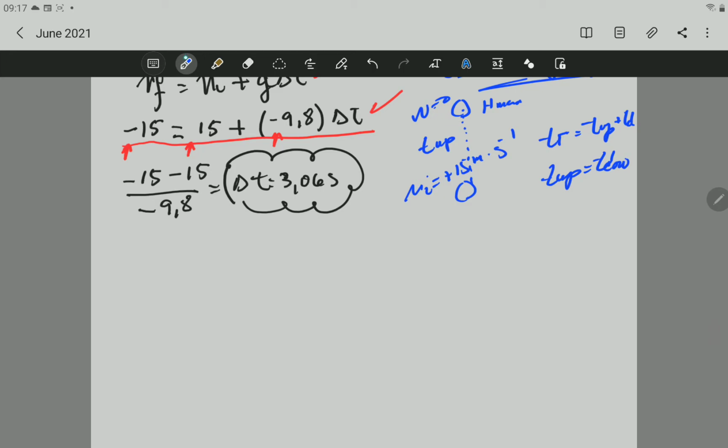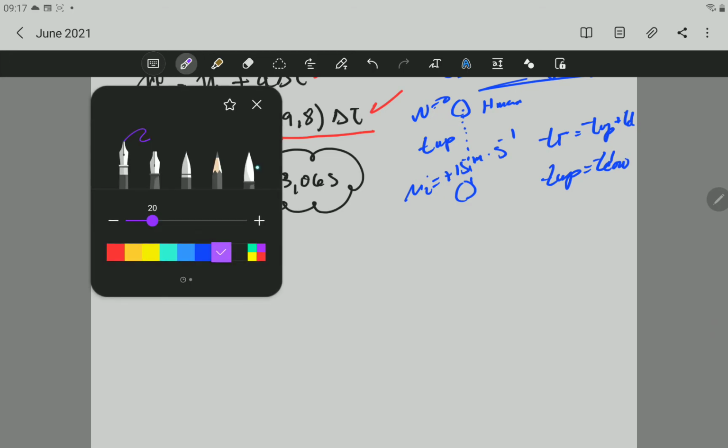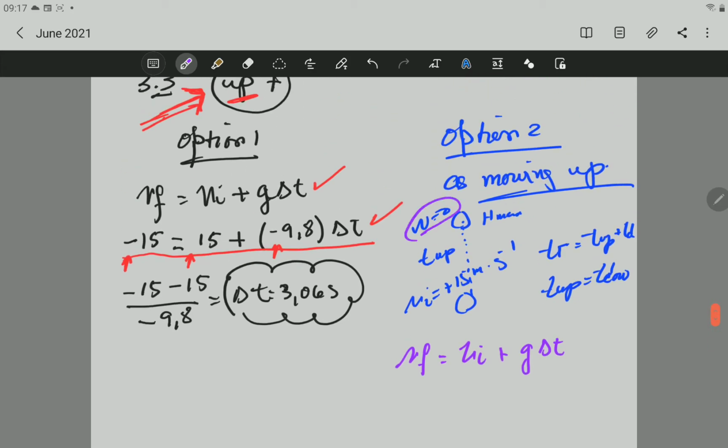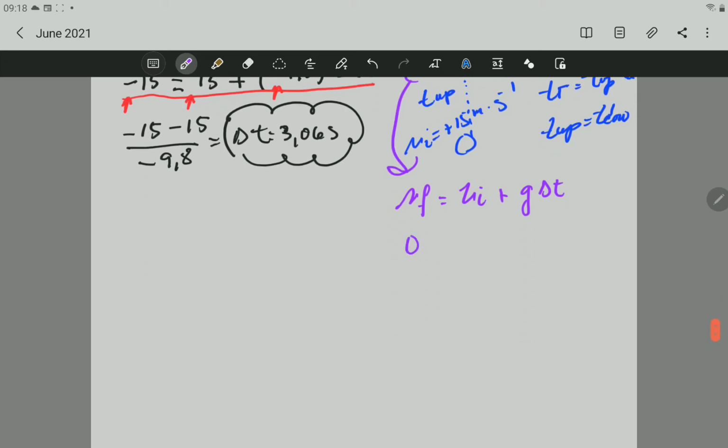Okay? Same formula. We don't have to change the formula. The final velocity is equal to the initial velocity plus acceleration multiplied by time. Now we're talking about the maximum height, so the final velocity is going to be 0. So 0 is equal to the initial, which is positive 15 because it's up, plus minus 9,8 multiplied by the time.